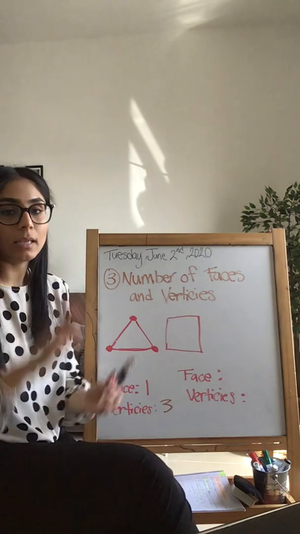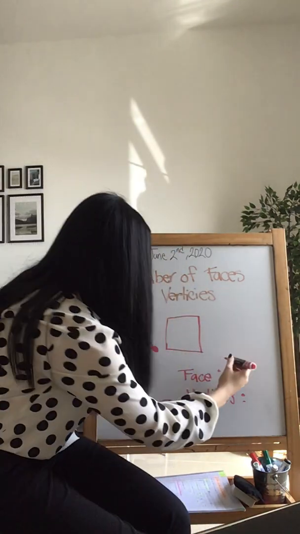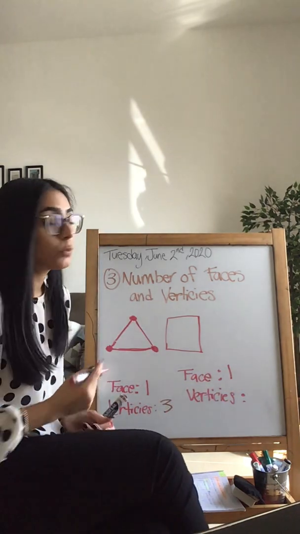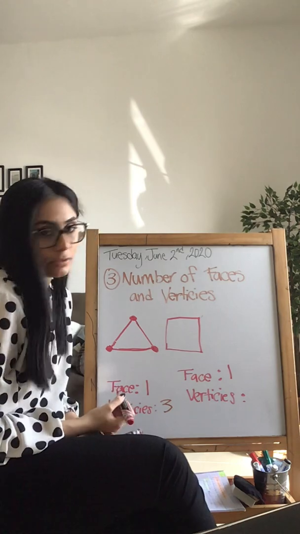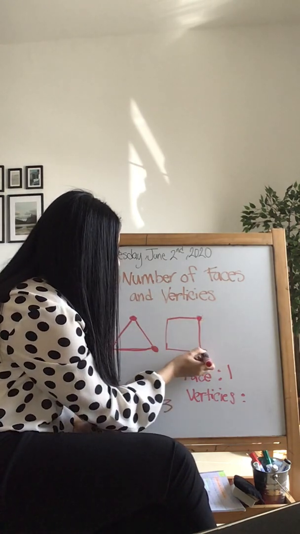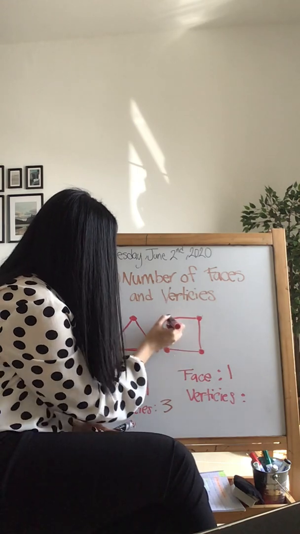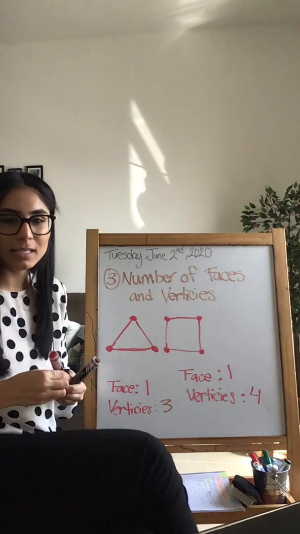So how many faces, how many can I touch with my palm? Is just 1. How many vertices? Where are the corners? And I drew this a little bit crooked. Where are the places where 2 lines meet? There's 1, there's 2, there's 3, there's 4. So there's 4 vertices. Okay, does that make sense?